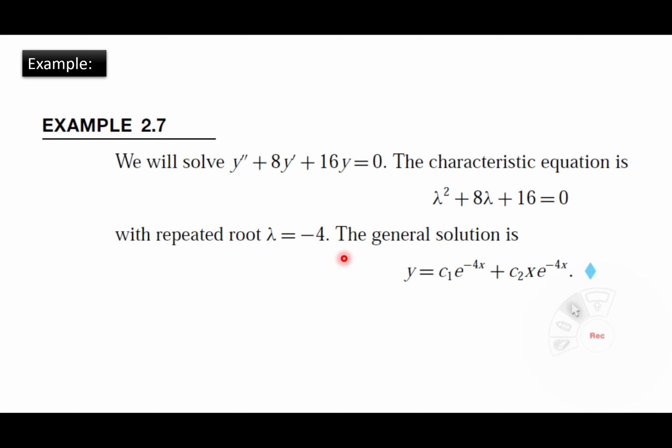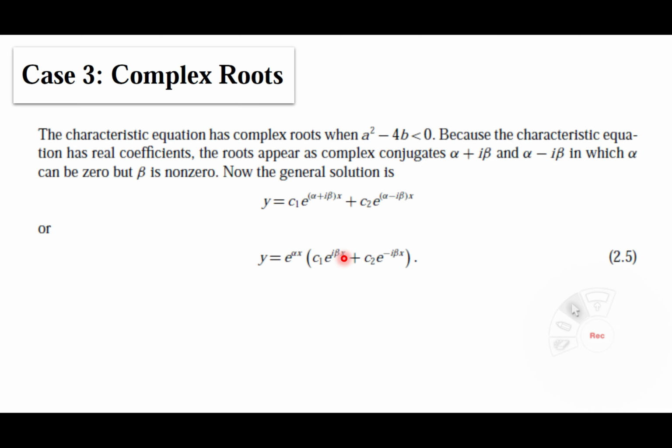Let's go now to the third case. In the third case, we call it the complex case. The characteristic equation, in this case, has complex roots when a squared minus 4b is less than 0. So the term under the radical is going to be less than 0.